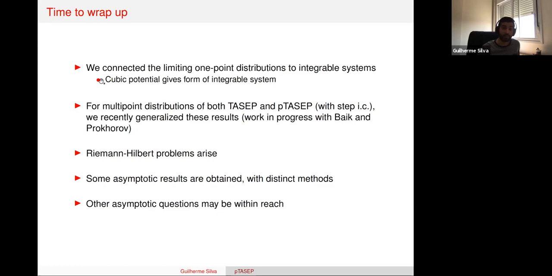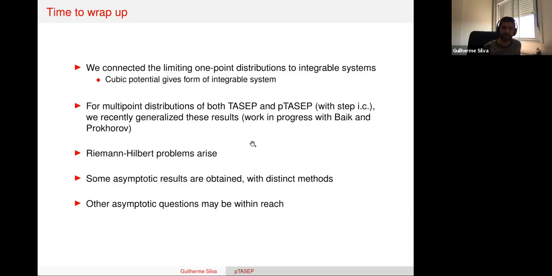I hope I could highlight enough that basically we need very little. One of the key ingredients, perhaps the most key ingredient, was that all those threshold determinants involved a certain cubic potential. This cubic potential is the one that gives rise to the whole integrable structure, the KP equation, or the coupled systems. That was one of the key aspects that had to be there to get the KP equation at the end.